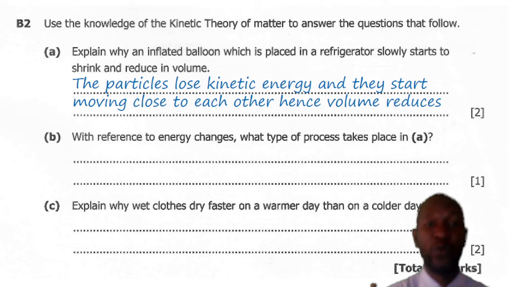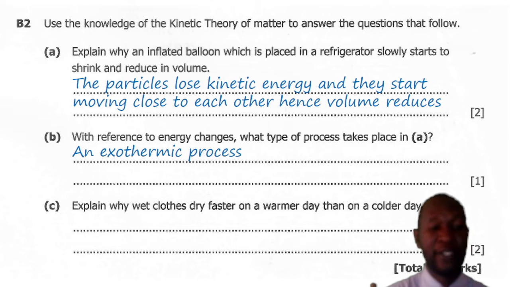Hence, the volume will reduce. Part B. With reference to energy changes, what type of process takes place in A above? Once we have the balloon in the fridge, this will be an exothermic process because heat is lost.